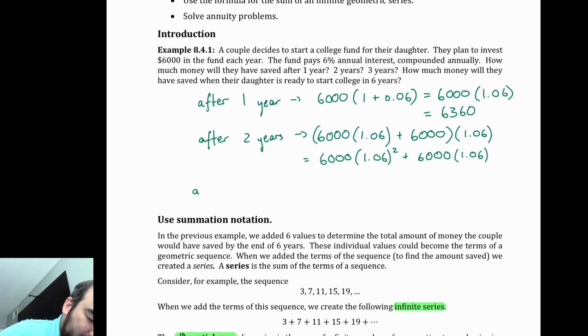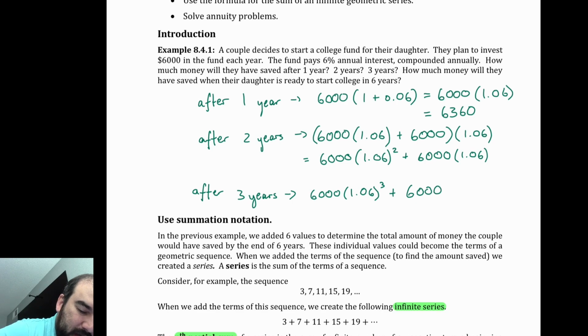Now, if we write out the third year, we're going to see that it looks like 6,000. The first 6,000 they put in will get multiplied by 1.06 3 times. The second 6,000 they put in will get multiplied by 1.06 twice. And the most recent 6,000 they put in will get multiplied by 1.06 once.